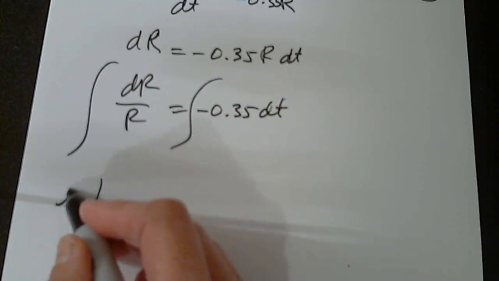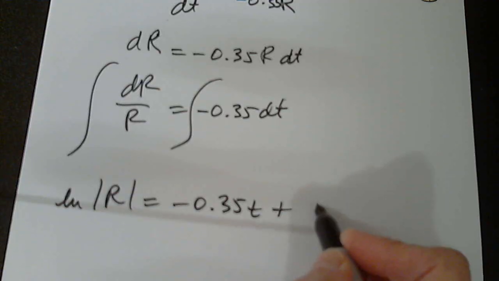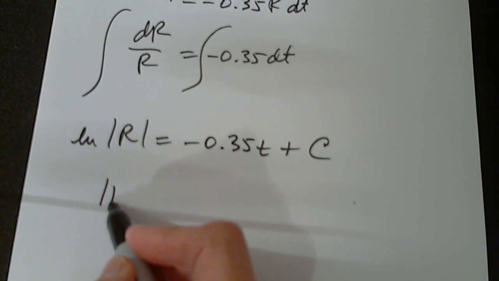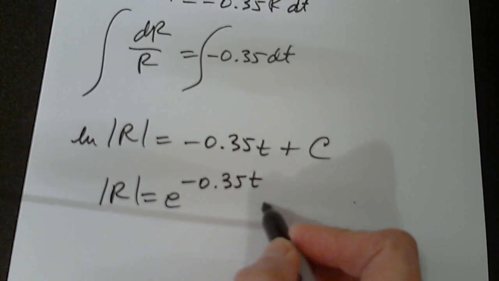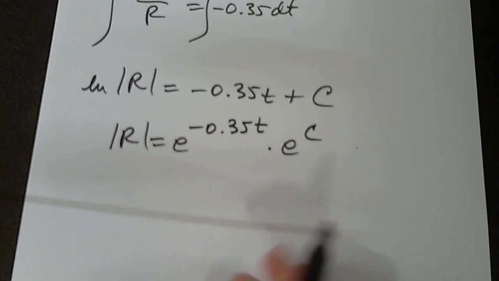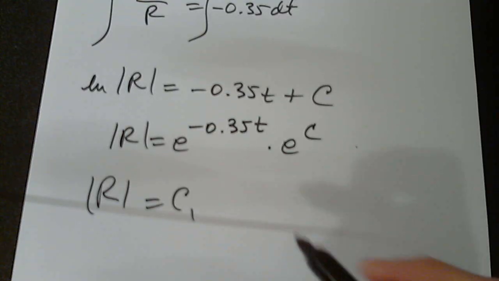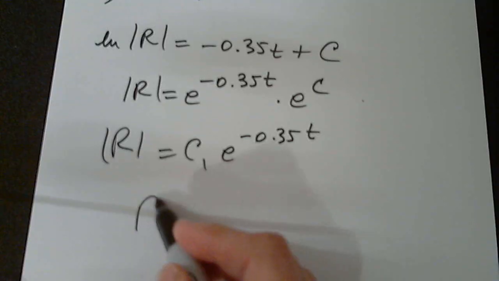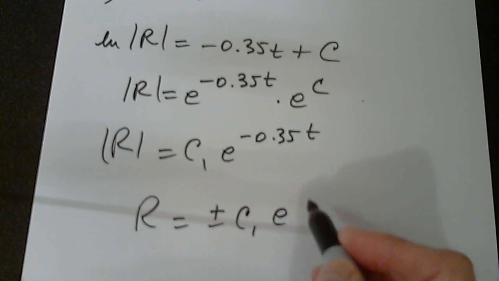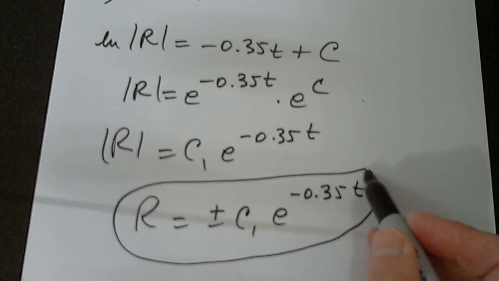I have to write natural log of the absolute value of r, negative 0.35 t plus a constant c. I have to again write the absolute value of r is e raised to negative 0.35 t times e to c. I have to change this into a tiny number, e to negative 0.35 t. And finally, r equals plus or minus c1 e to negative 0.35 t. All steps are identical.